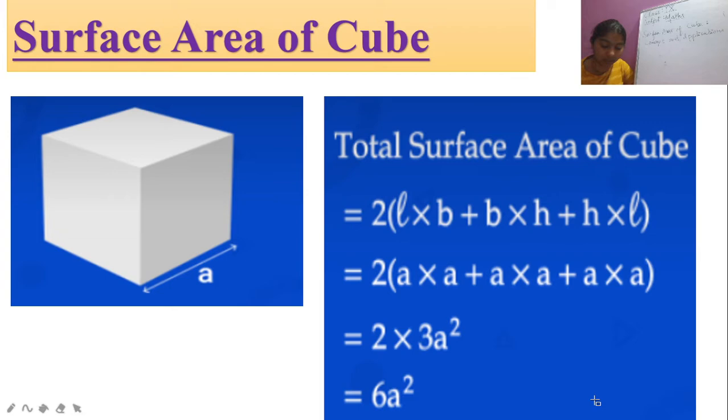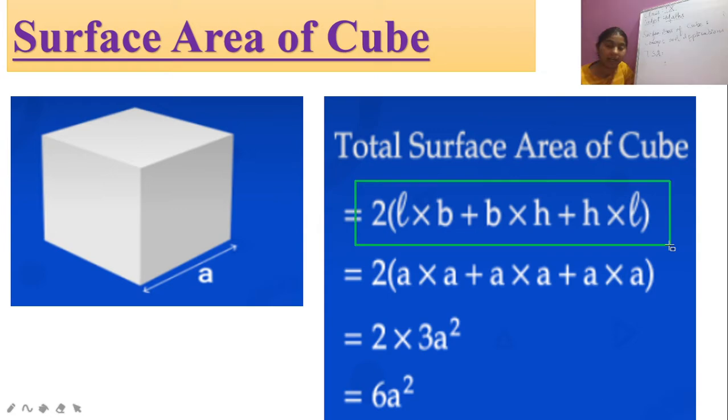So how will you find the total surface area? We have seen the total surface area of a cuboid, written on your screen as the second step, right? So this is the total surface area of a cuboid. Whenever a cuboid has length, breadth and height all the same, it is a cube. So we are only substituting all the values into the total surface area of a cuboid. Okay, so let's put it in.